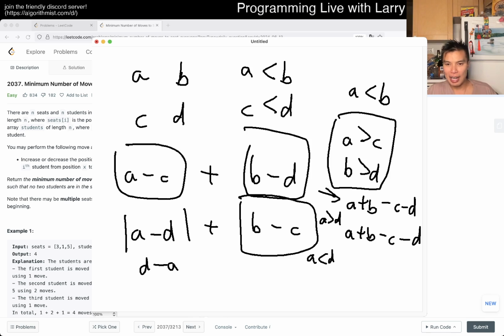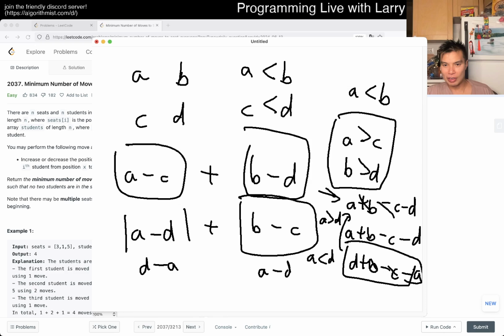So you have D plus B minus C minus A, and then you can show that this number is greater than here, because the B cancels out, the C's cancel out. So now you have A minus D on top and D minus A on top, but the same on the bottom.